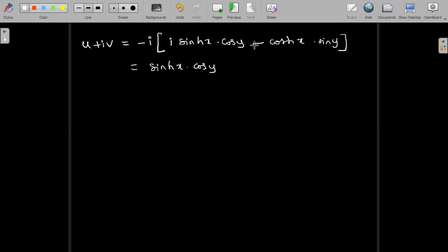So minus of minus is plus cos hyperbolic x into sine y. And of course, i should be multiplied for this term. So let us write down i here: i into cos hyperbolic x into sine y.